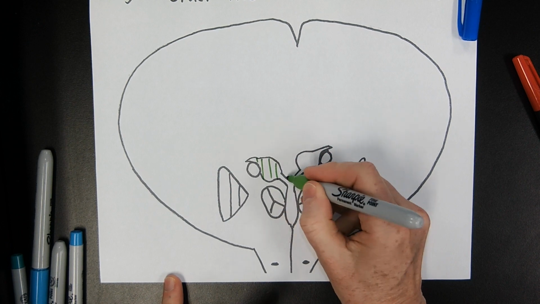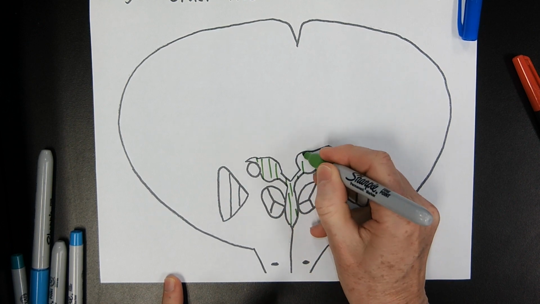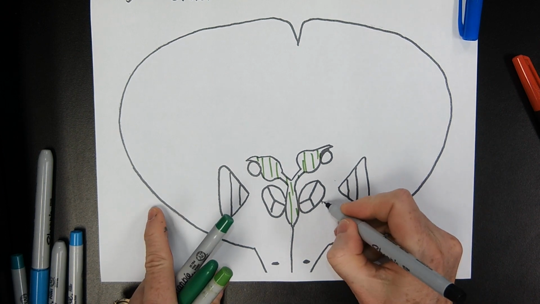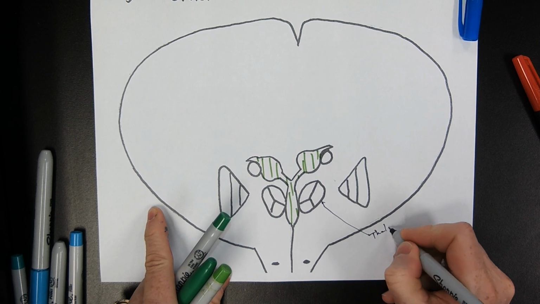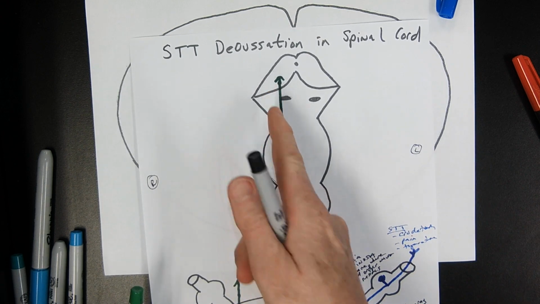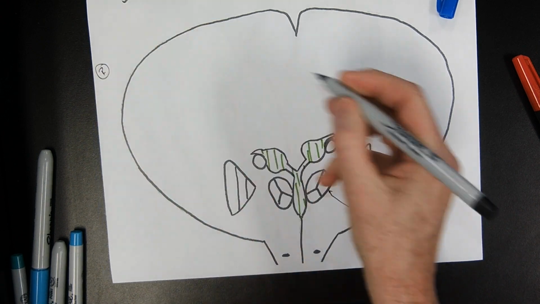There's my lateral ventricle, third ventricle. Here's my thalamus, my basal ganglia. We're still coming in here from the right side. So this is my right, and this is my left.